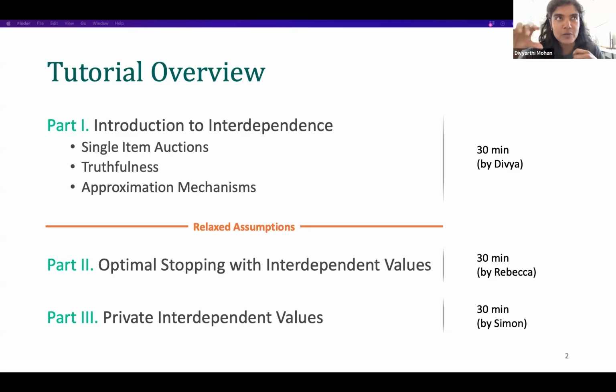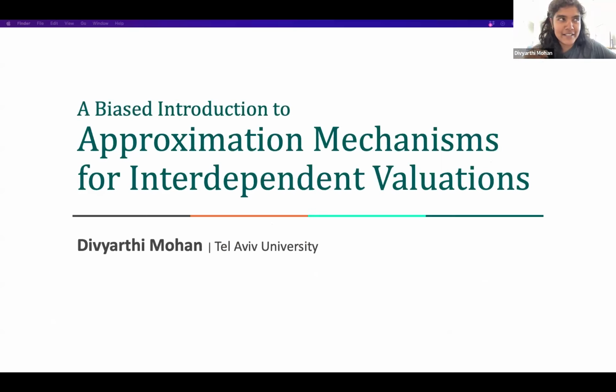There will also be a 15-minute break after Rebecca's talk. Okay, so 30 minutes for each talk, with a 15-minute break in the middle between all the talks. That's the rough plan.